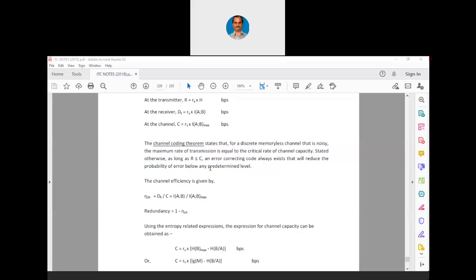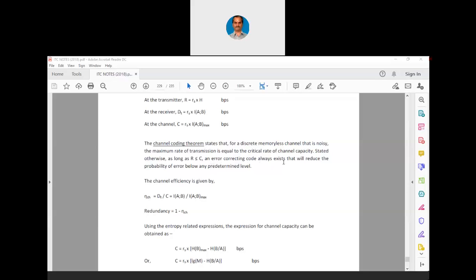So here Shannon says, as long as R is less than or equal to C, an error correcting code always exists. We have seen by means of the parity check matrix, by using the number of check bits, an (n, k) code can be output, and using those n minus k check bits, we are able to detect the error and correct the error.